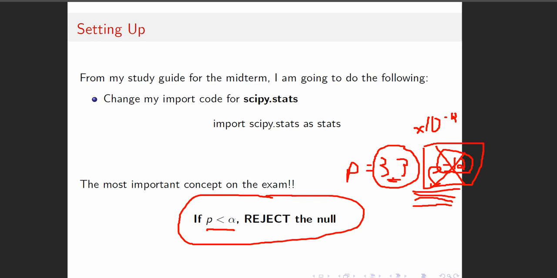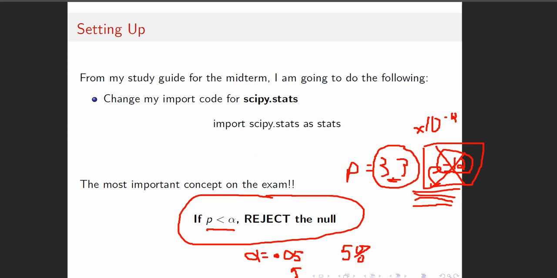And if p is less than alpha, we reject the null. Remember that a standard alpha, if you're not given any other information, you can assume that alpha is equal to 0.05 or 5%, depending on whether you like the percentage or the decimal number, okay?